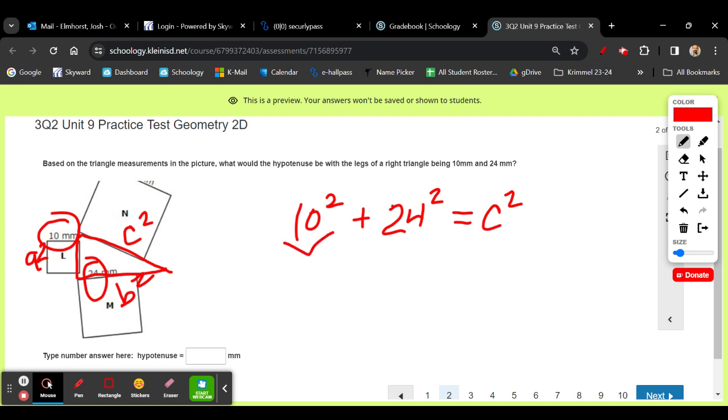So this is going to give us 100. And 24 times 24, 4 times 24 is going to give us 96. Now we got 2 times 4, which is 8, and 2 times 2.